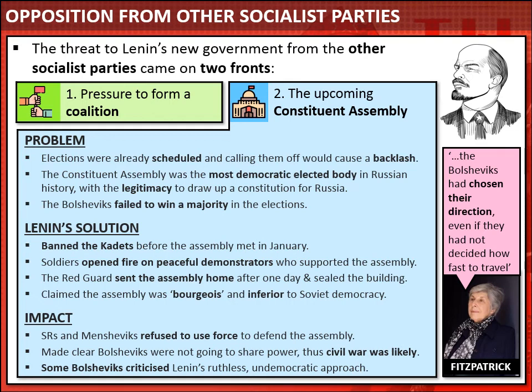In other words, by refusing to form a coalition with the other socialist parties, and by closing down the Constituent Assembly, the Bolsheviks had now set themselves on a course which would lead to a dictatorship, even though perhaps they hadn't decided how quickly that dictatorship would be created.